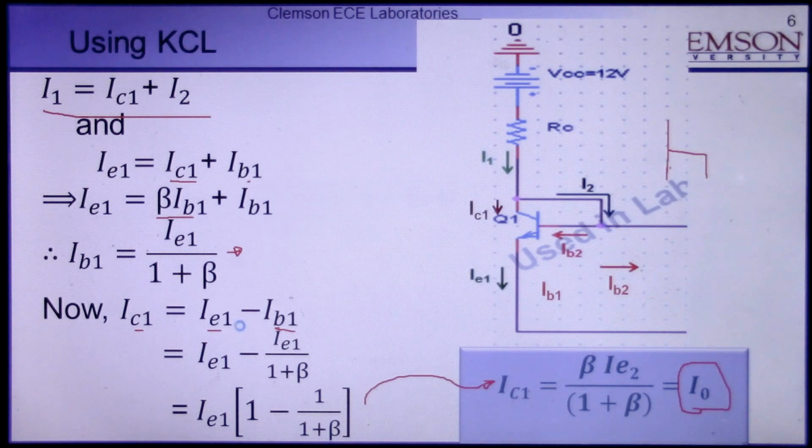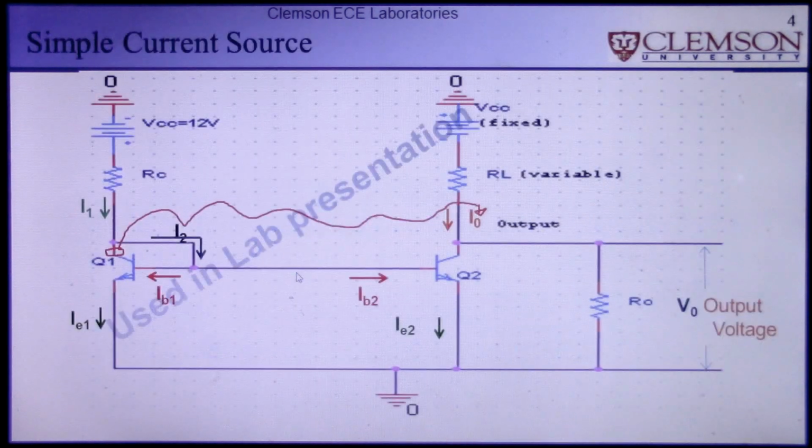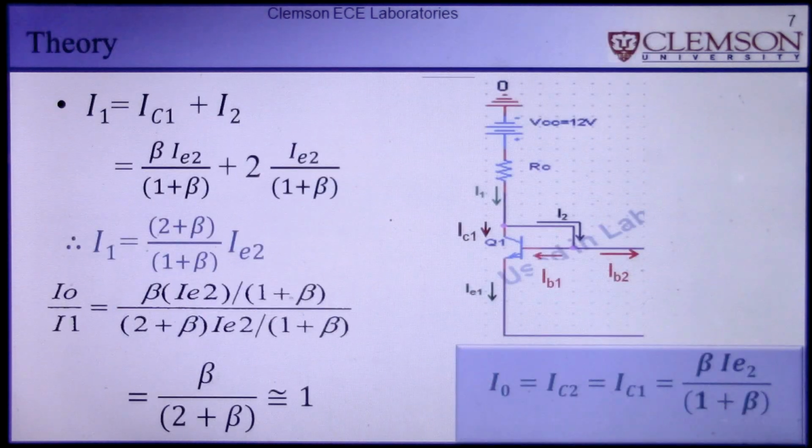Now if this I output is the copy of this part, then how is it different from the I1? We can say this I1 has some relationship with that I output, but almost the same. It's not exactly the same. We can say it's almost the same, and we'll also see it in terms of mathematics.